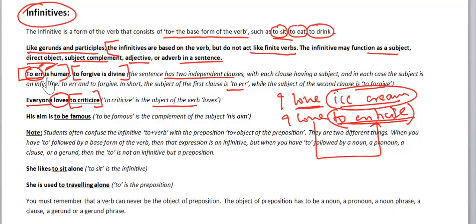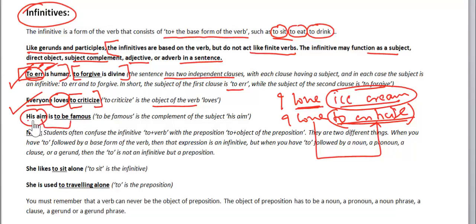So this is what we learn basically, that the infinitive can be the subject of a sentence, as in this case. It can be the object of the verb, as in this case, right? And then the next that we have is, his aim is to be famous, right? So to be famous is the complement of the subject. Why? Because his aim is to be famous.